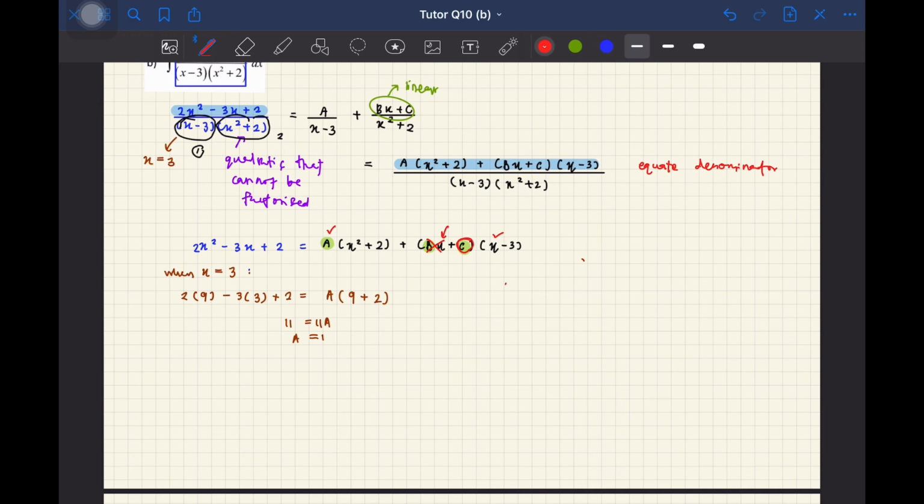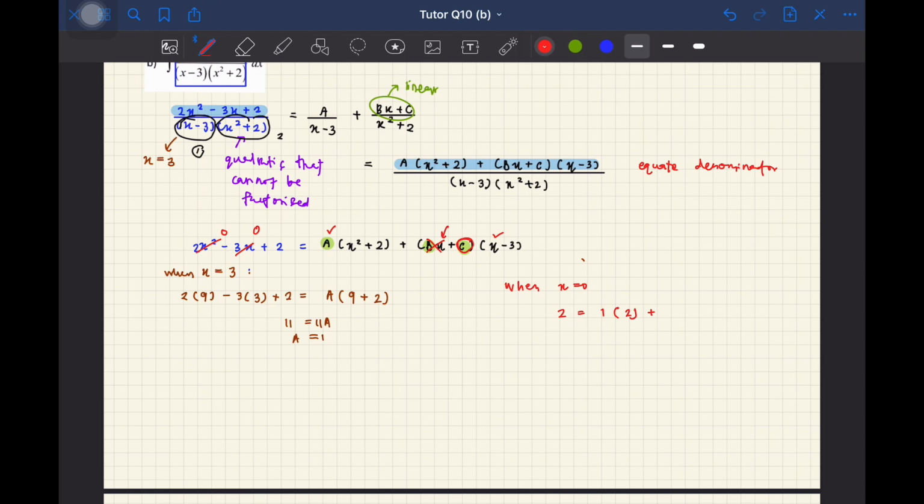Okay, so when X is equals to 0, saya akan dapat kat sebelah kiri, this is 0, this is 0, and then I just have 2 on my left hand side. And then on my right hand side, I am going to have A. A is 1. So 1 times with 0 plus 2, it's 2. Okay, and then yang belah kanan tu saya akan dapat tambah.